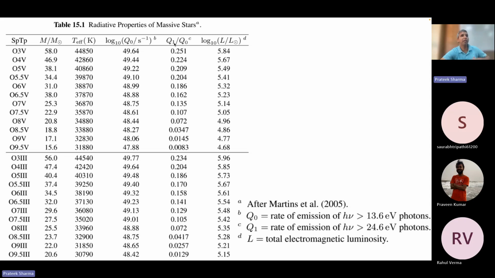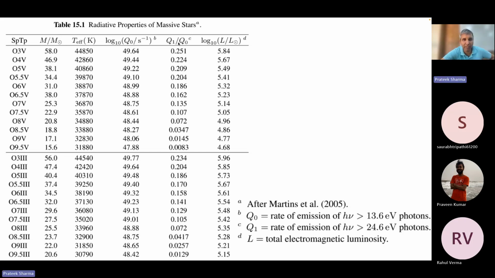Q1 is the, right, so Q1 by Q0. Q1 is the rate of emission of photons with h nu greater than 24.6 eV. Why do we care about this value? This can ionize helium and also hydrogen. So that's why this is important. And this is the total luminosity.